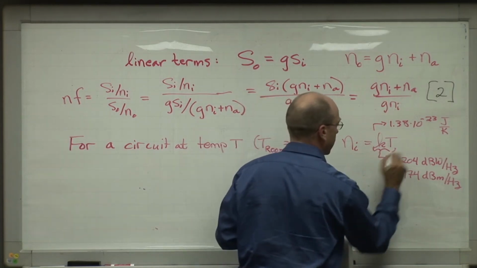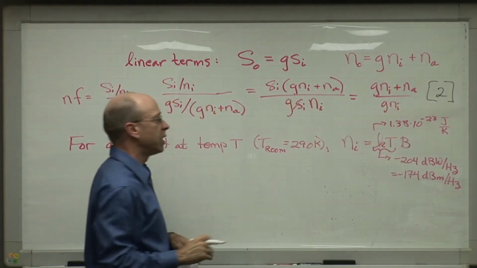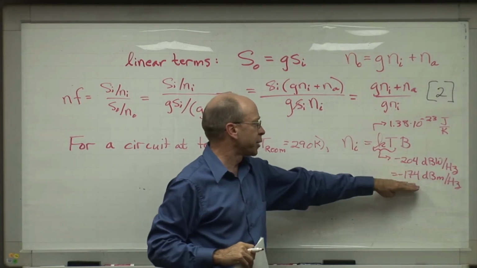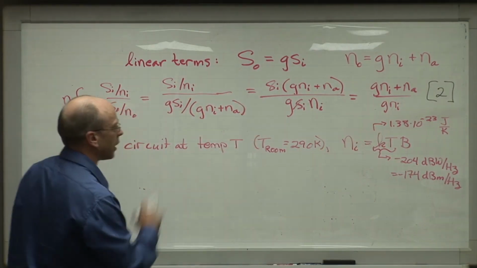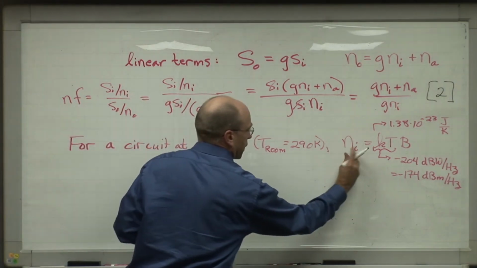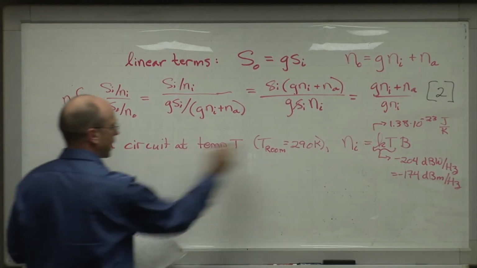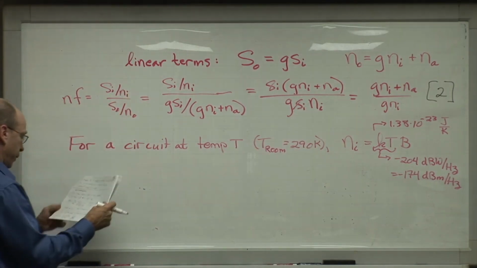That's the quantity here, and then we can multiply that by B, the bandwidth in which we actually are running a measurement system or making a measurement, to get the actual power level that would be produced. But this is considered to be the noise input power level for an amplifier sitting here at room temperature.